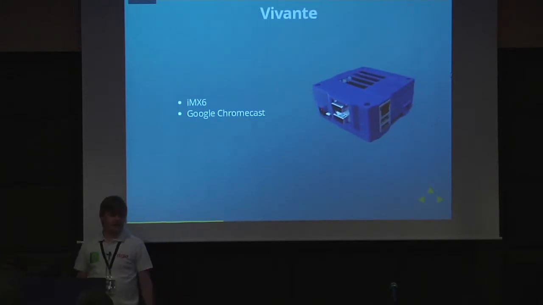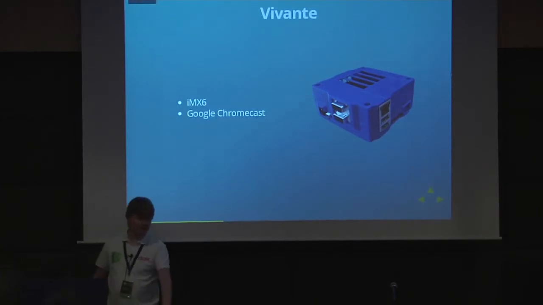And then there's also the Vivante GPU series that's in the i.MX6 and the Google Chromecast. I'm not sure if that's available here yet, but this is an affordable GPU as well. There's also other series of processors, the Mali, available from ARM, and the Tegra from NVIDIA.